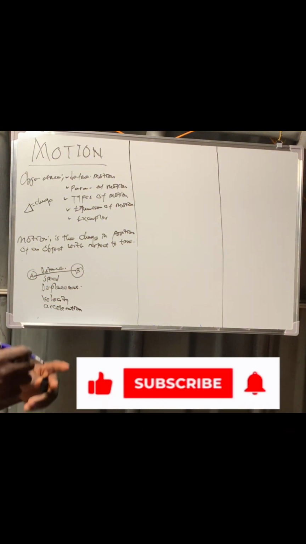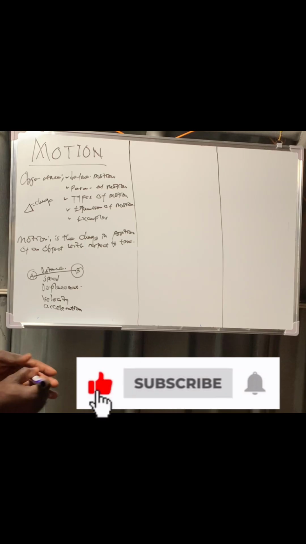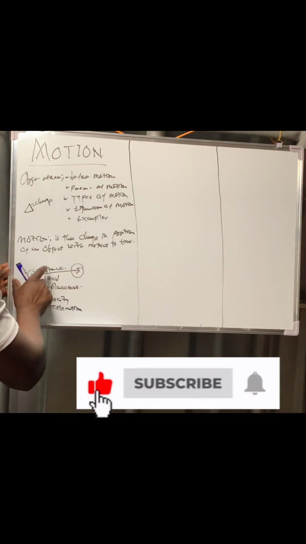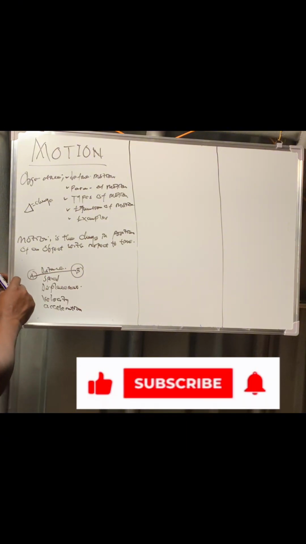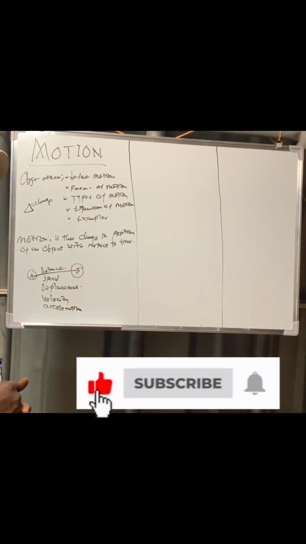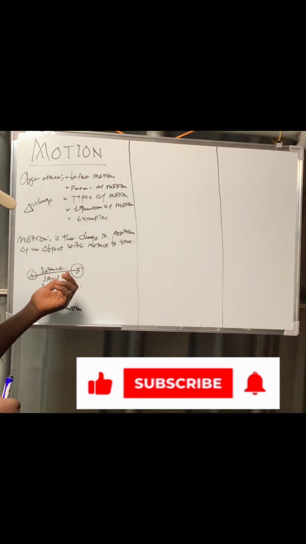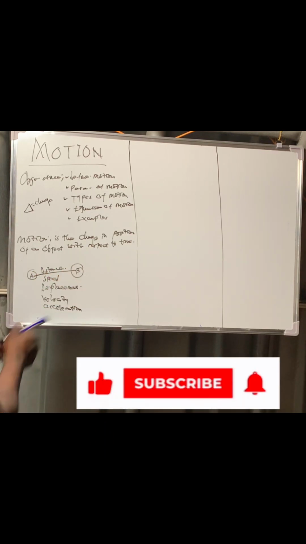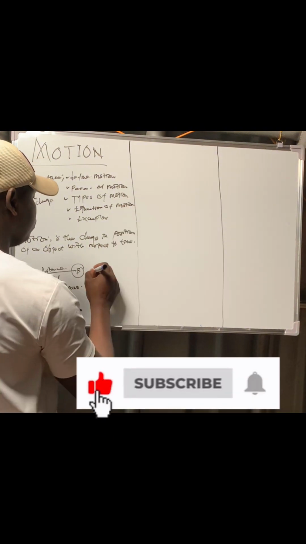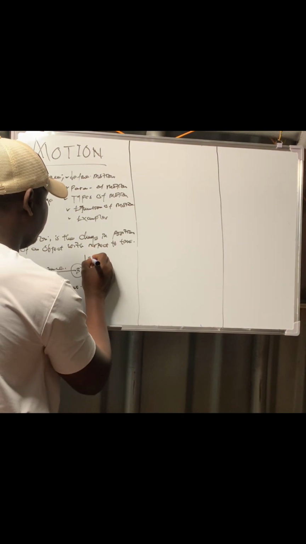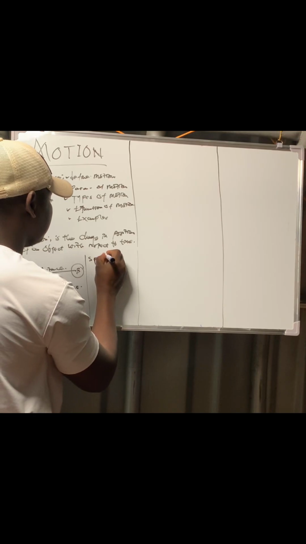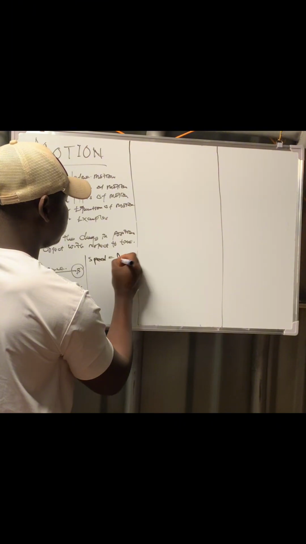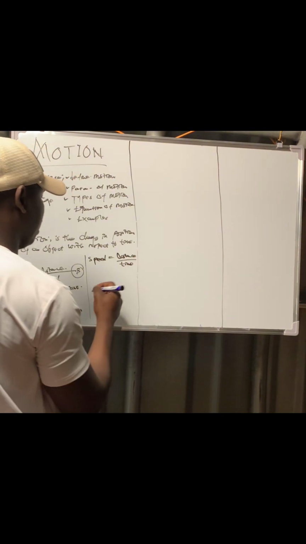We have distance. When we say distance, what do we mean? Distance is just the total path taken by this object to move from point A to point B. Speed is calculated as the distance covered per time.